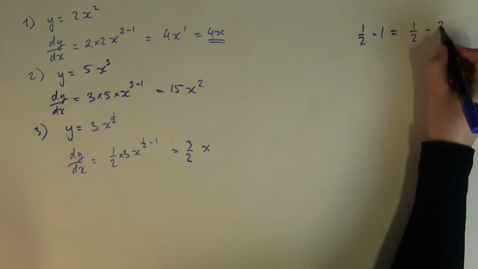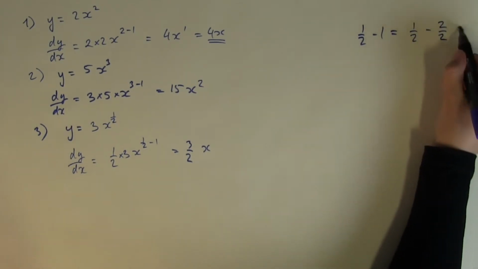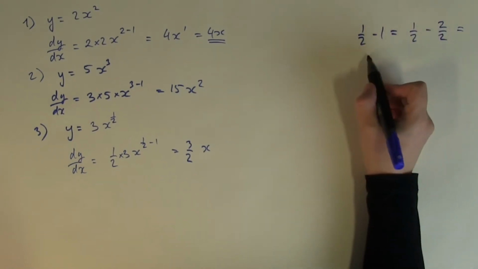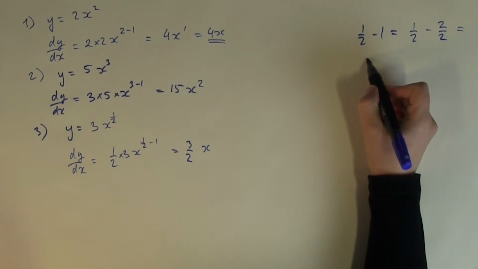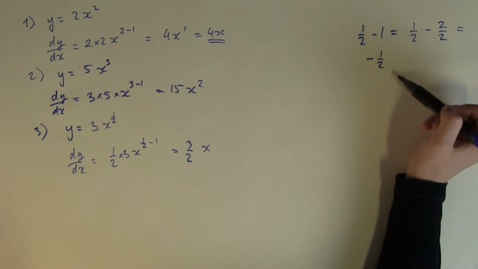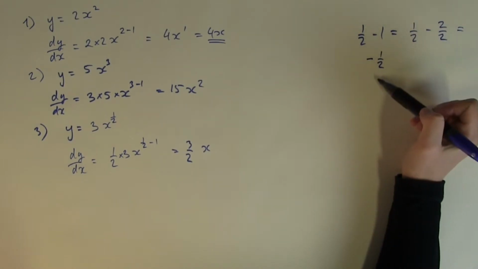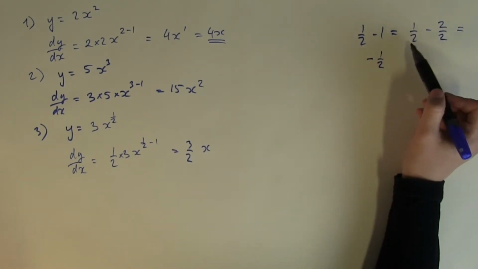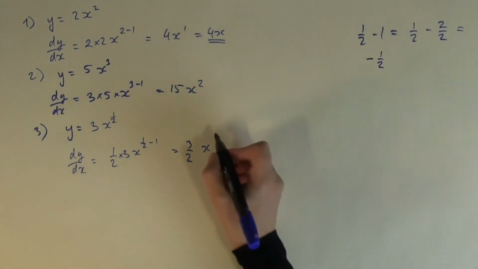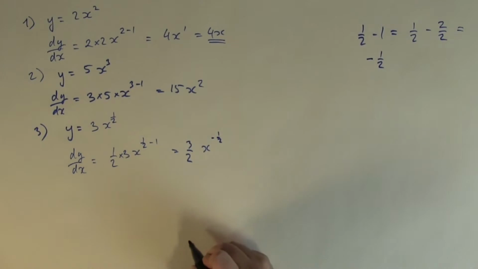Well, a whole is 2 halves. So it's basically 1 half minus 2 halves. So a half minus 2 halves is going to be equal to a negative half, because I don't have enough to take 2 away from it. 1 minus 2 gives me negative 1, and in halves that gives me minus half. So the power will be minus half.